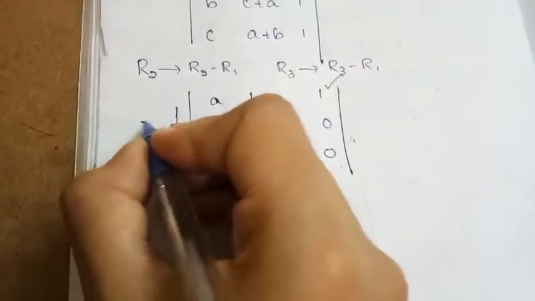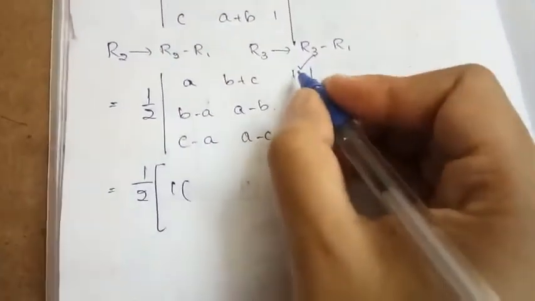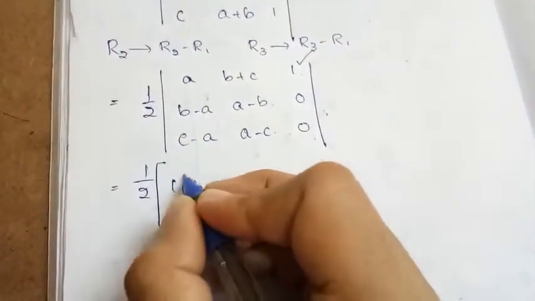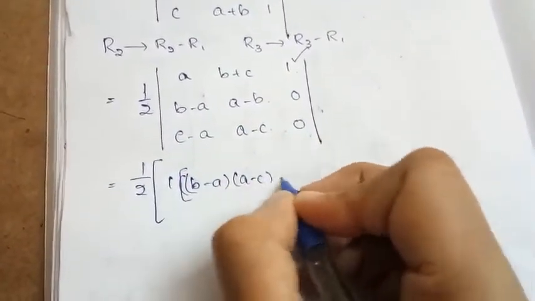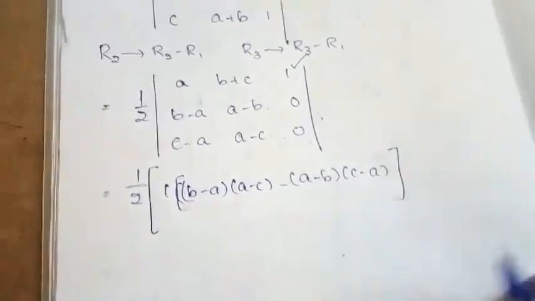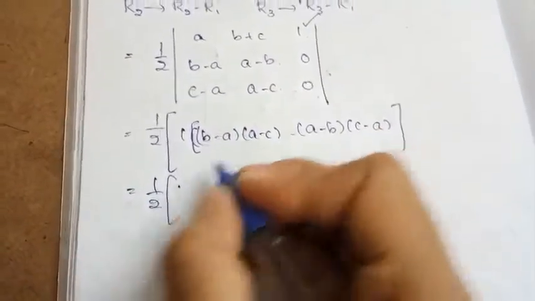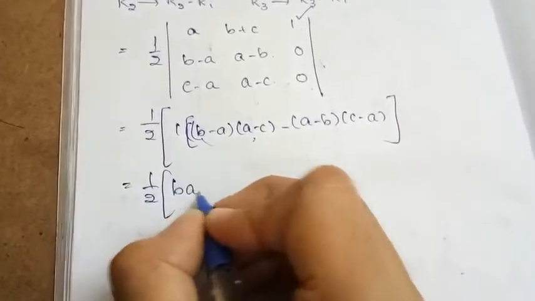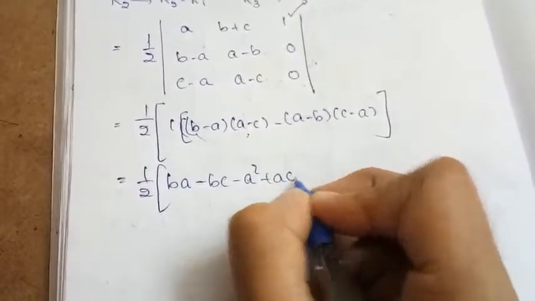So that is nothing but half times 1, deleting this row and this column, I am going to get B minus A into A minus C minus A minus B into C minus A. Now I am calculating or substituting this value, multiplying this minus to each element, which is BA minus BC minus A square plus AC.